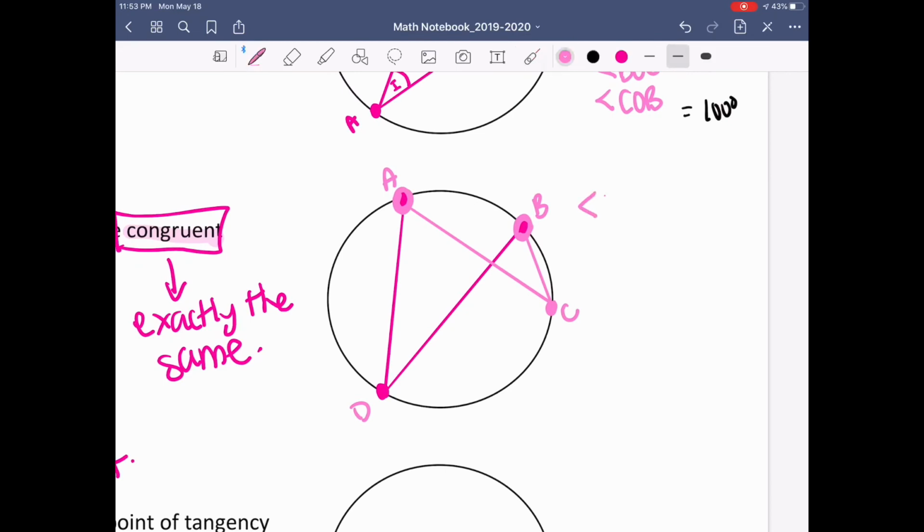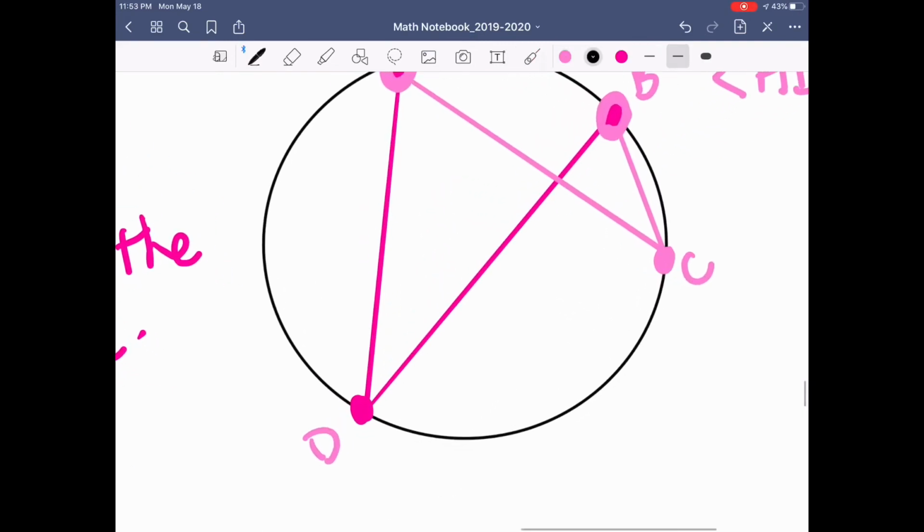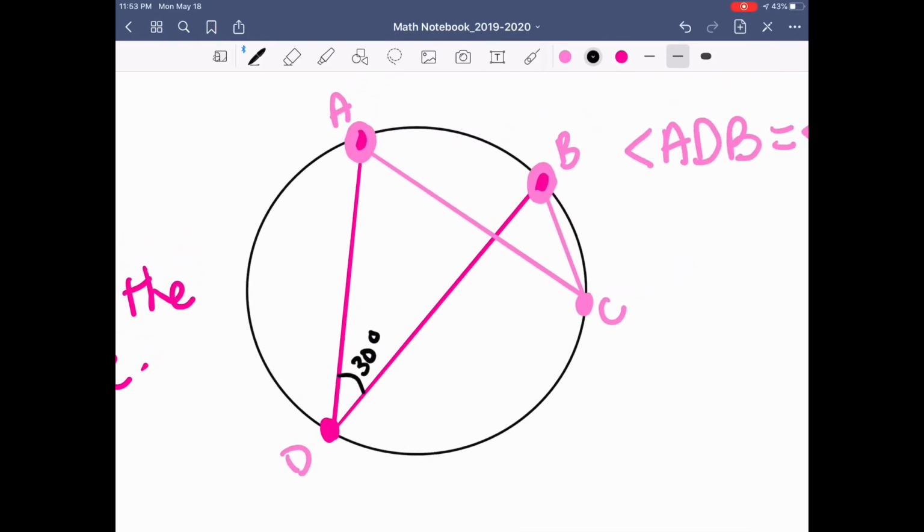That means angle ADB will be equal to angle ACB. Again, you can know that they share the same arc if the first and last letters are the same. So if angle ADB right here is 30 degrees, then this angle right here is 30 degrees.